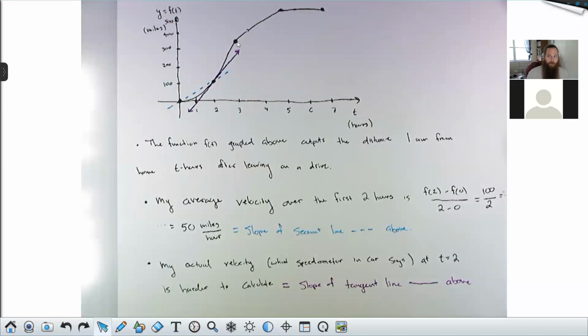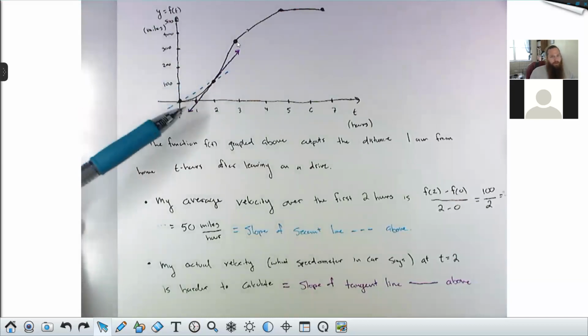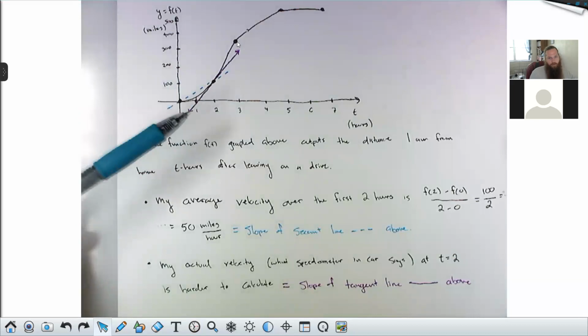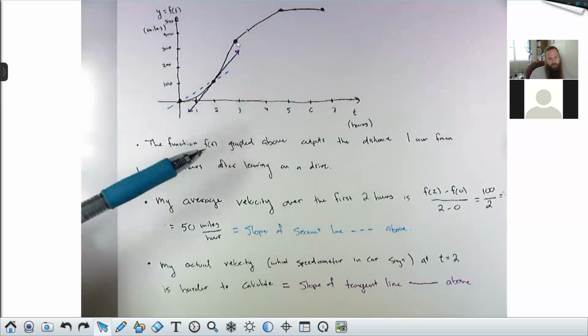There's more than one correct answer, but the answer that Isaac Newton and Gottfried Leibniz discovered contemporaneously in the 16th century was to find a formula for this blue line independent of the numbers like 1 and 0 and 2, just in terms of, say, a and a plus h.